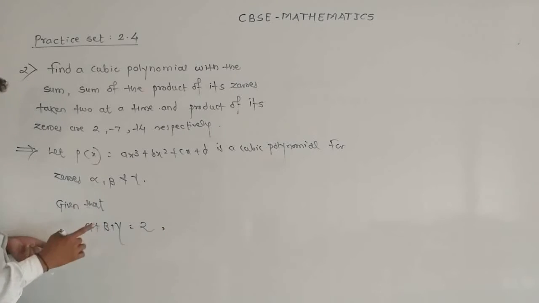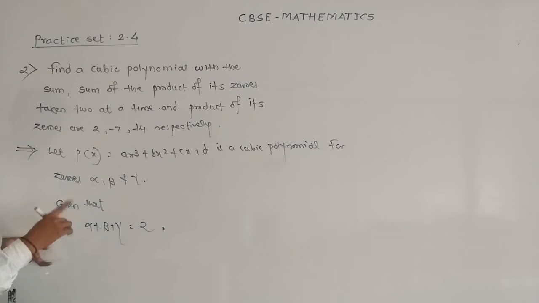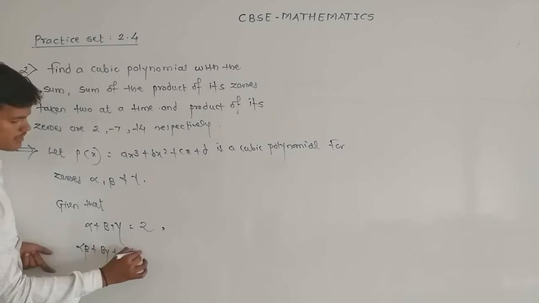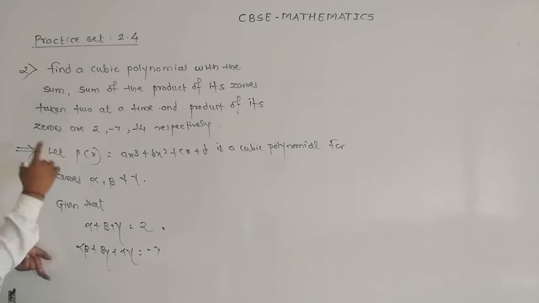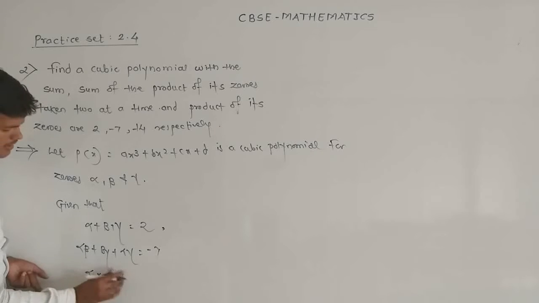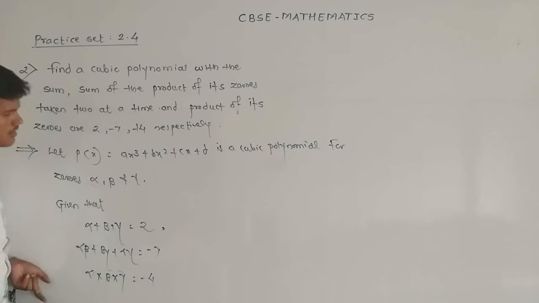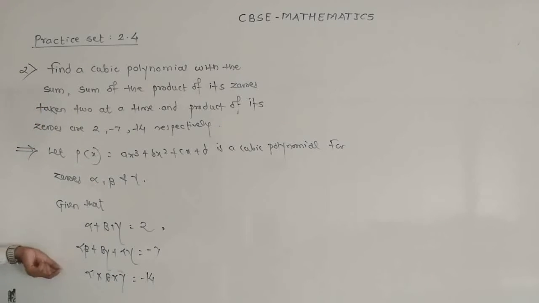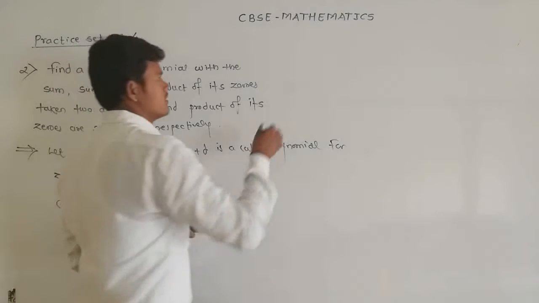Also given that the sum of products of two zeros at a time, that is alpha into beta plus beta into gamma plus alpha into gamma, is minus 7, and the product of zeros, that is alpha into beta into gamma, is equal to minus 14. And from that we have to find a cubic polynomial.